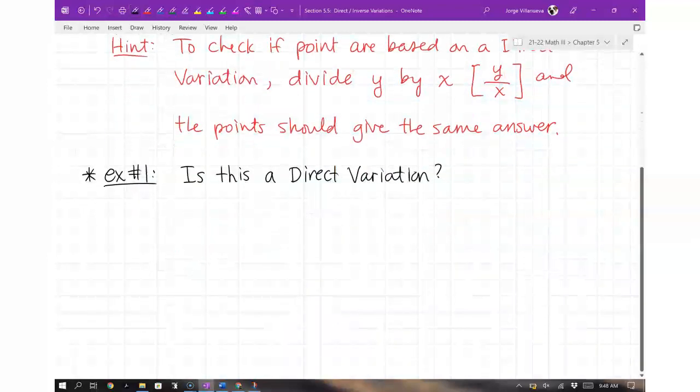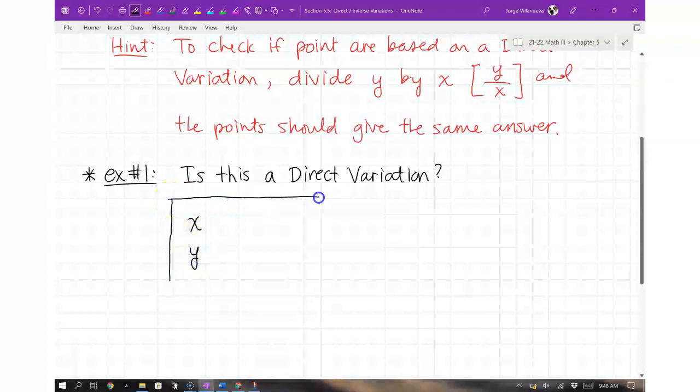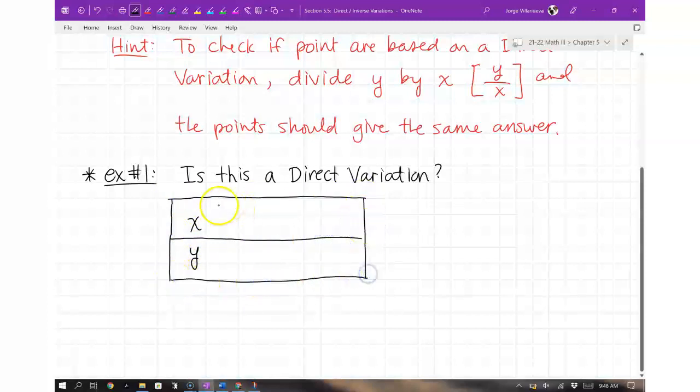Normally they're going to give you some x, y values on a table. So we'll do maybe 4 points.